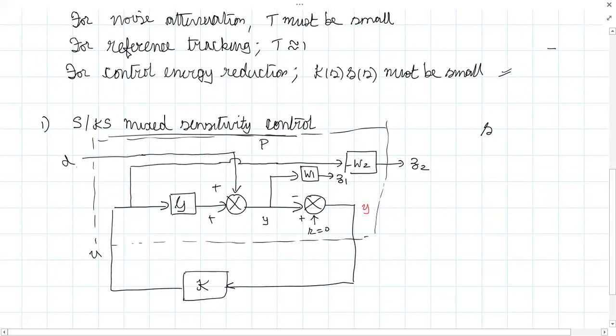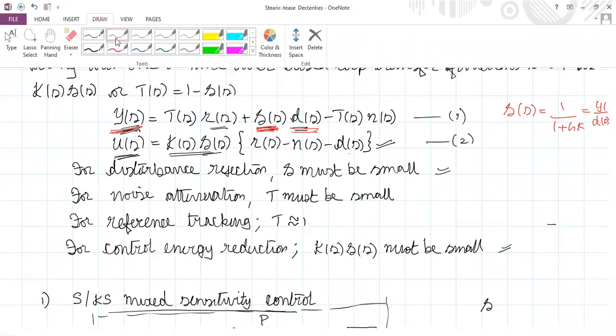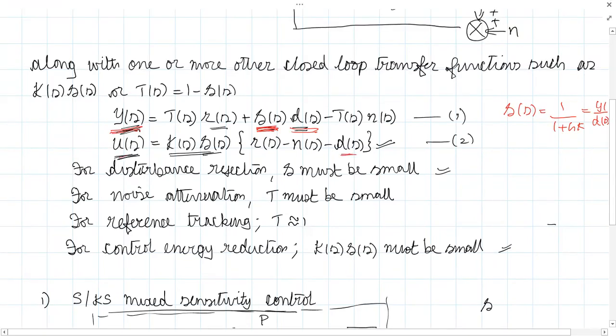And what is KS? What is KS from this? It is the transfer function between U of S and D of S, correct?